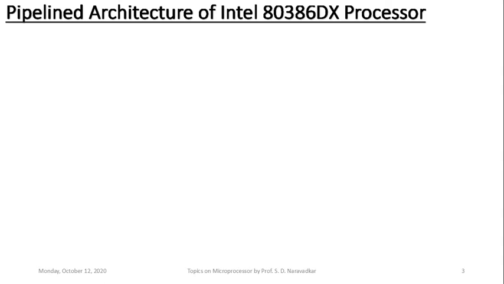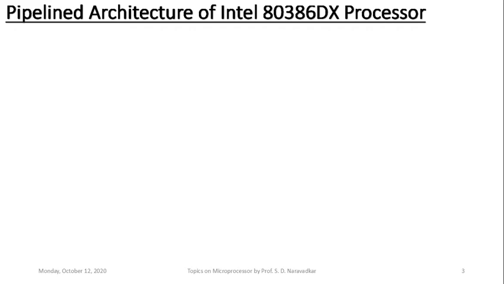This pipeline architecture of 386DX processor contains a total of 6 internal units called pipeline units. Those pipeline units I want to show in their proper logical sequence.